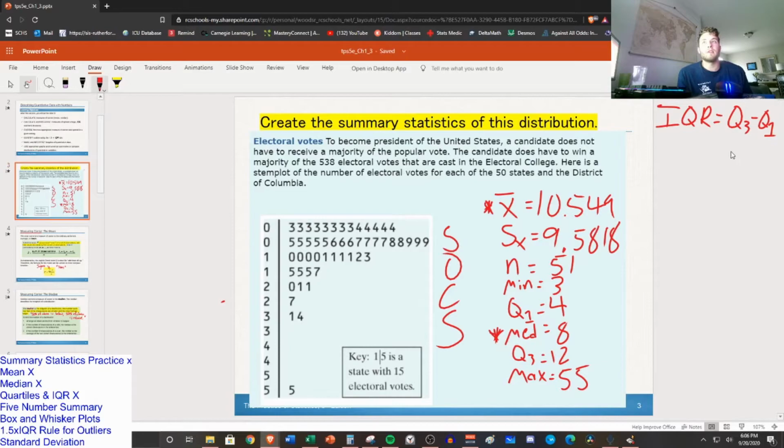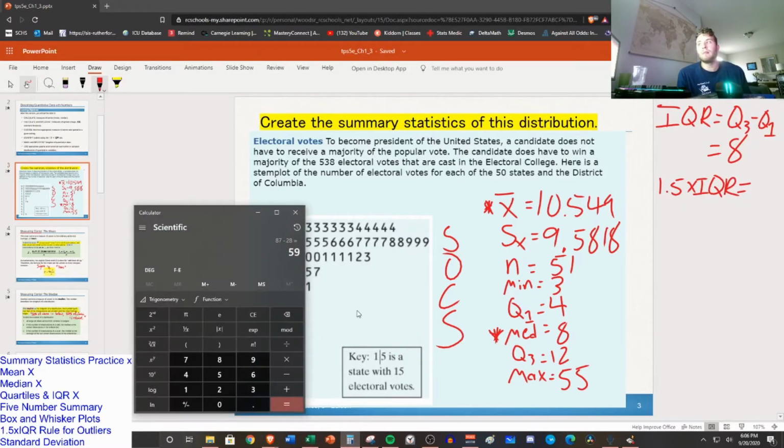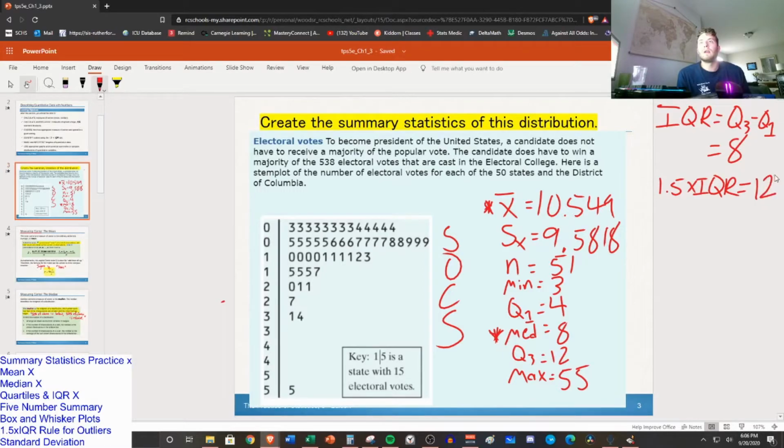So 12 minus 4 is equal to 8. So that's our IQR. Now, we want 1.5 times IQR, and then we're going to pause for a second and talk about what to do with that. So we want 1.5 times 8. Some of you might be able to do that in your head. I'll just go ahead and multiply it. So we get 12. All right, so we have that for now.